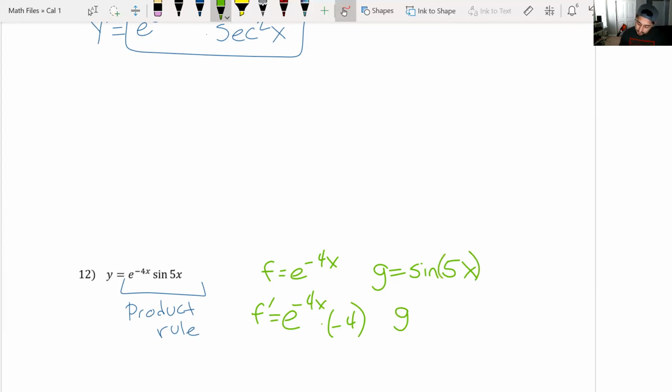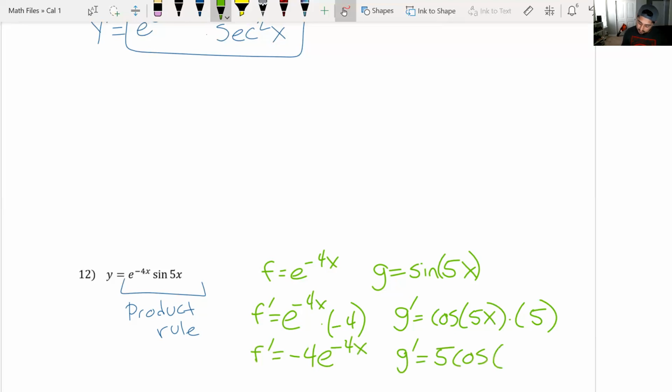On g, g prime is going to be cosine 5x times 5. Now we can pretty these up a bit. f prime, negative 4 e to the negative 4x. g prime, 5 cosine 5x.